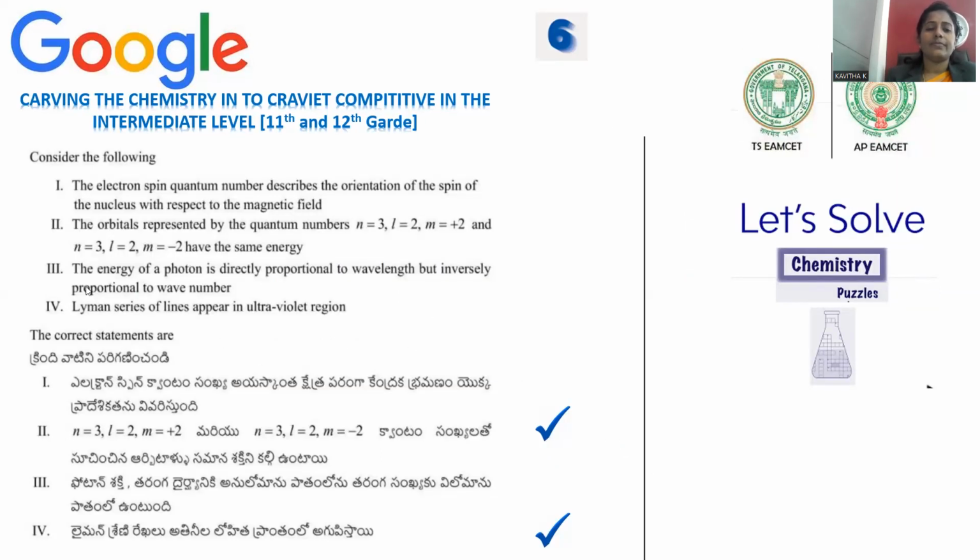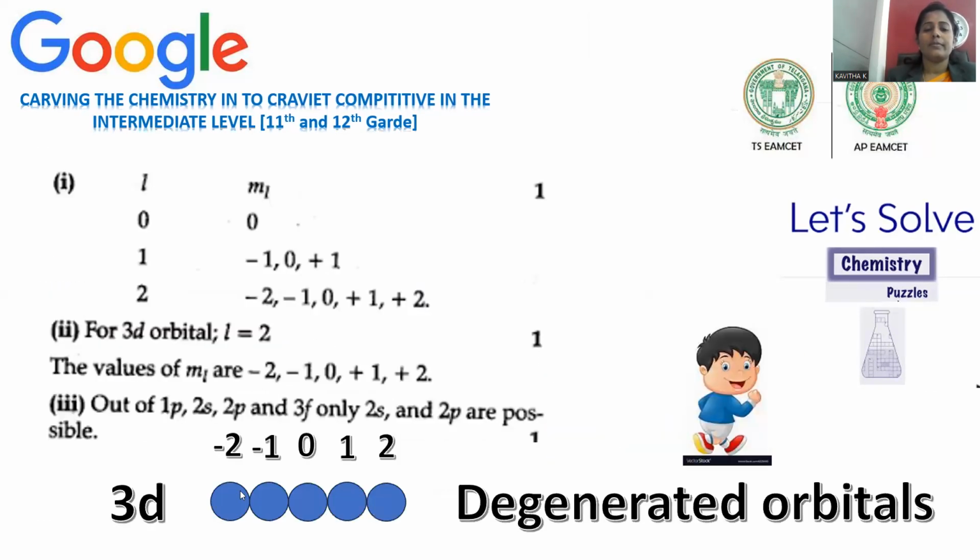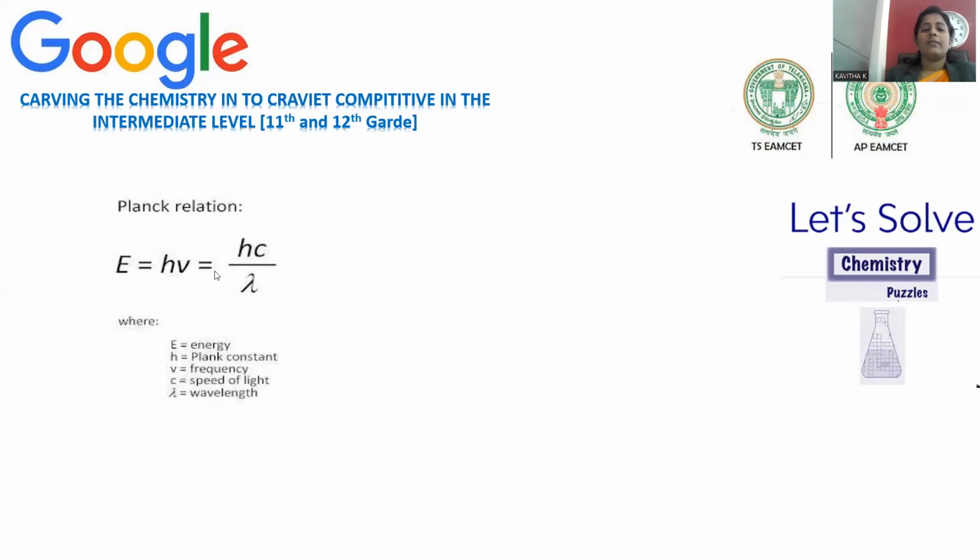The second one is correct. Third one: the energy of the photon is directly proportional to the wavelength but inversely proportional to the wave number. The Planck equation is given as E = h nu. Nu is the frequency, which is given by c by lambda. What relation do you get between energy and wavelength, direct or inverse proportionality? E is inversely proportional to lambda, since lambda is in the denominator.